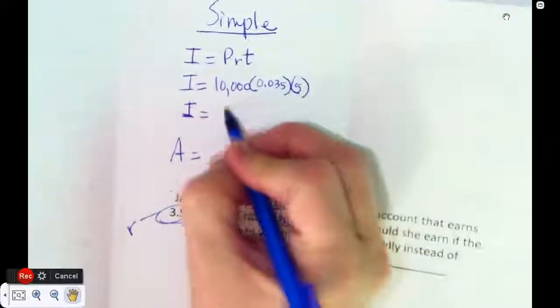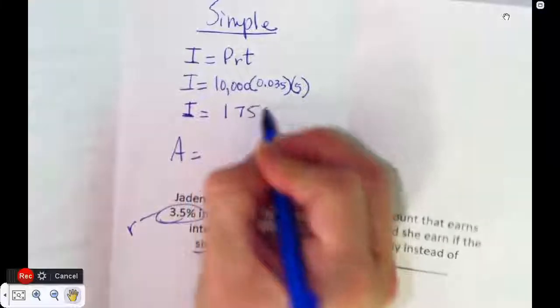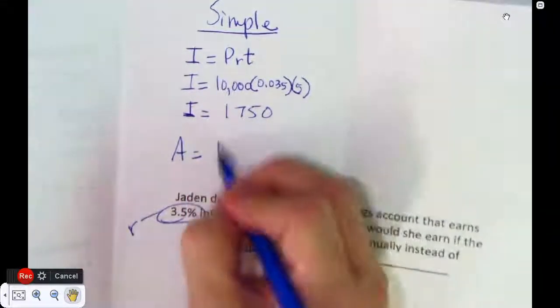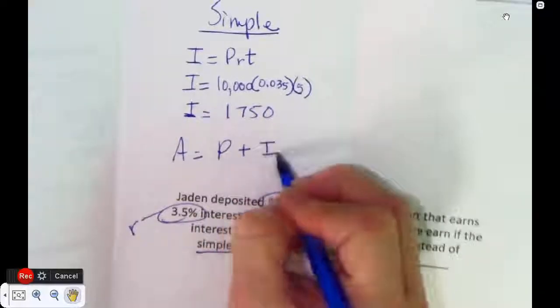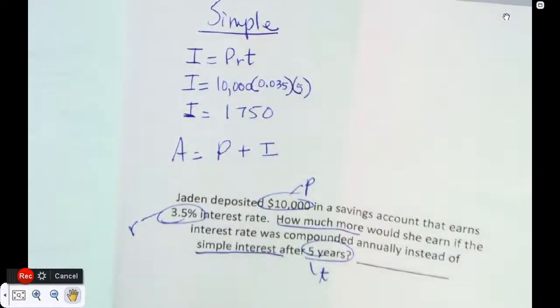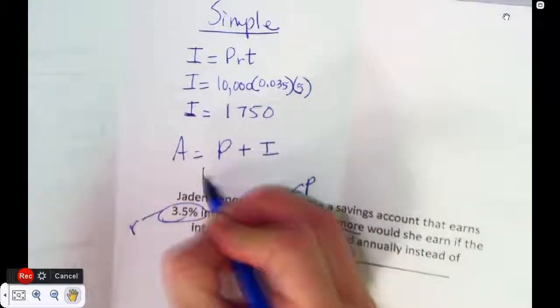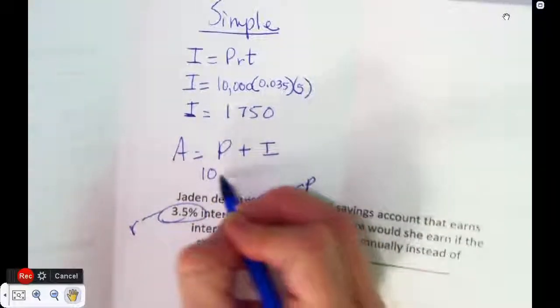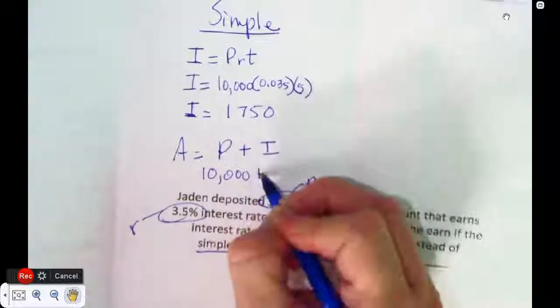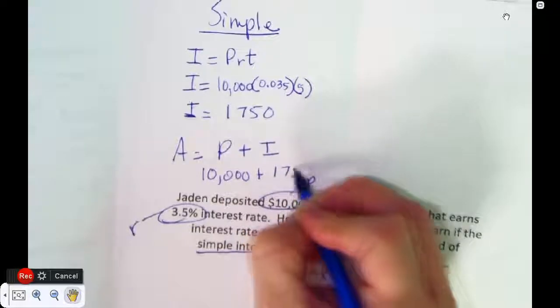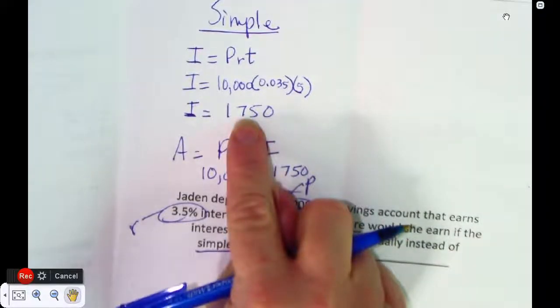So what'd you get when you did that? $1,750. Now, to get the amount in the account, remember we add the principal to the interest. So she put how much of her money? What was the principal? 10,000 plus what was her interest? 1750 is what she earned.